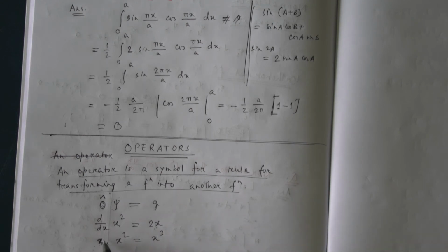So when an operator operates on a function, the function changes to another function. So the basic thing is, what is an operator? It is a mathematical operation, addition, subtraction, anything. But suppose you say that it is the mathematical operation of differentiation.